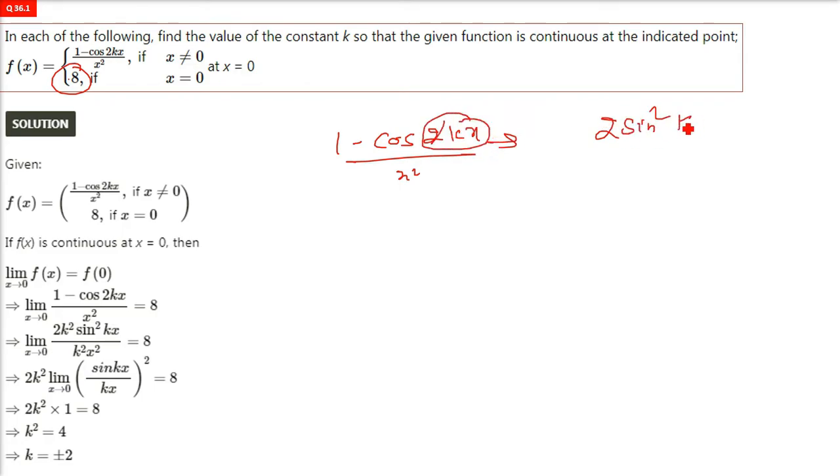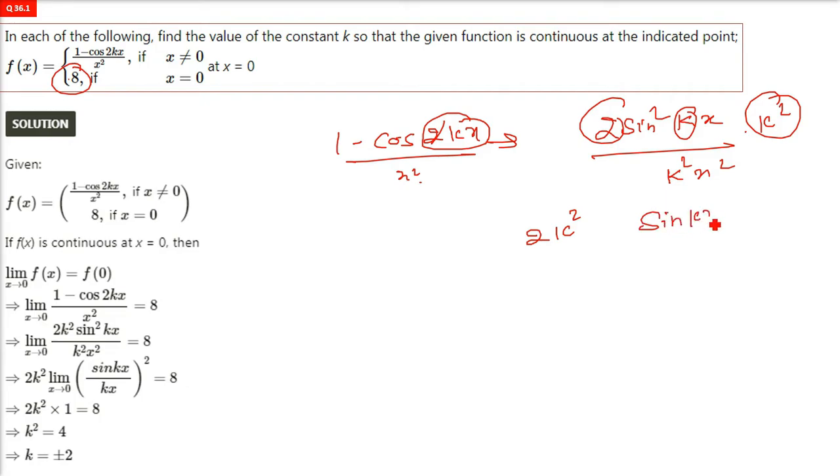Whatever is this 2kx or theta, you have to divide it by 2. 2 sin square kx, and this is x square. Now I'm introducing k square in the denominator, so you have to write it in the numerator as well. So 2k square I am bringing in front. This is (sin kx by kx) whole square.